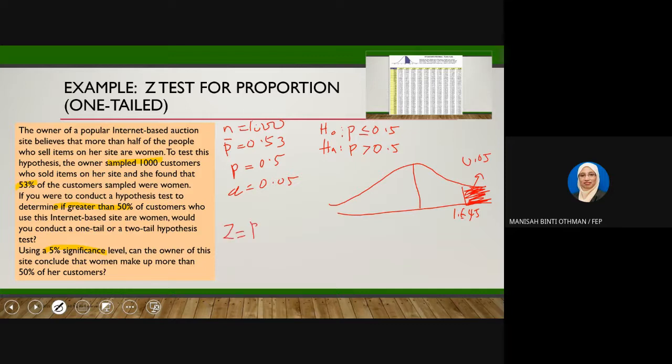So p bar minus p, divided by the square root of p(1-p) over n. p bar is 0.53 minus 0.5, and n is 1,000.